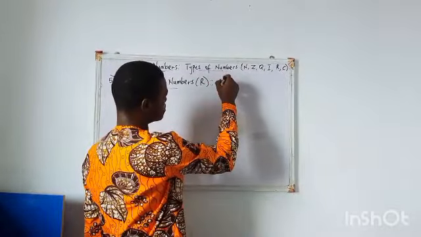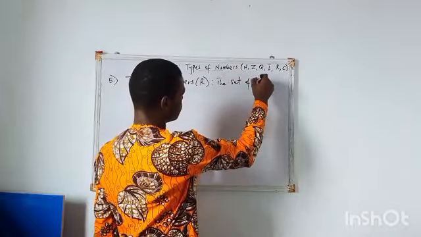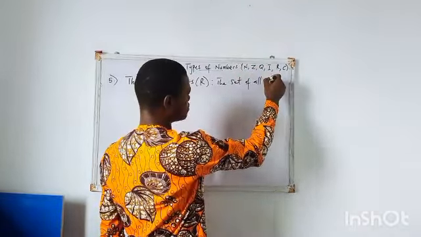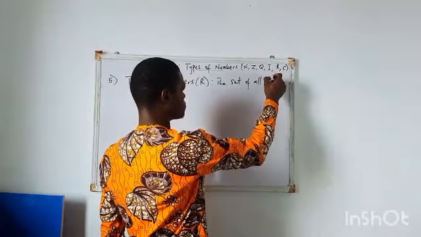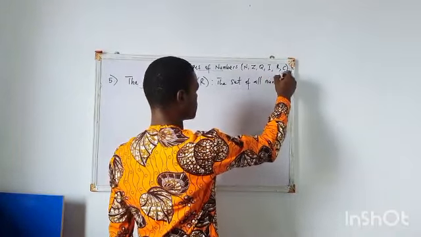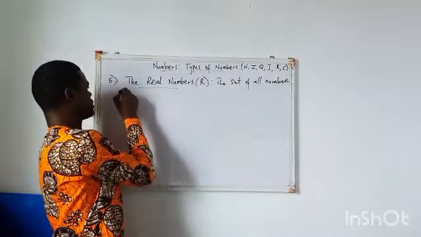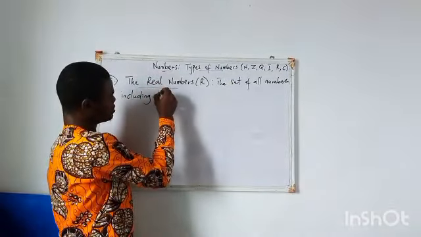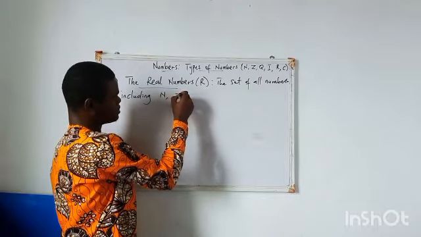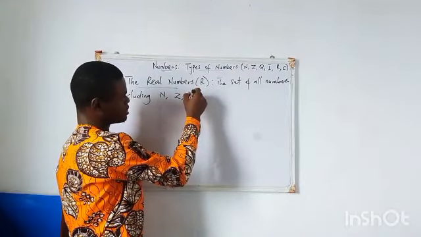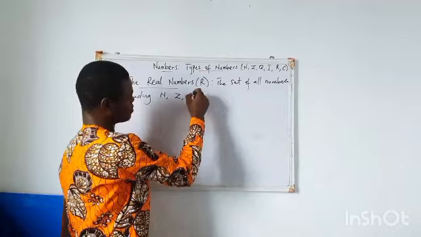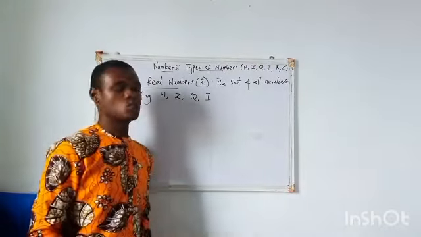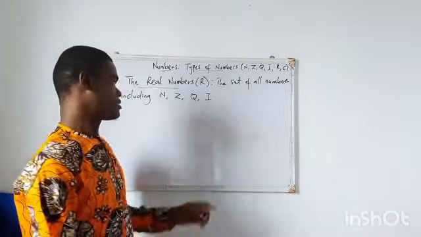Real numbers are the set of all numbers, including or containing natural numbers, integers, rational numbers, that's Q, and irrational numbers, I.